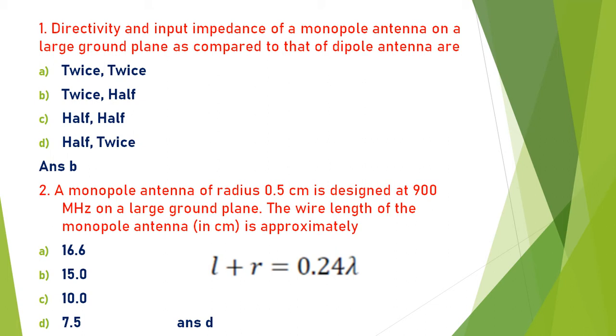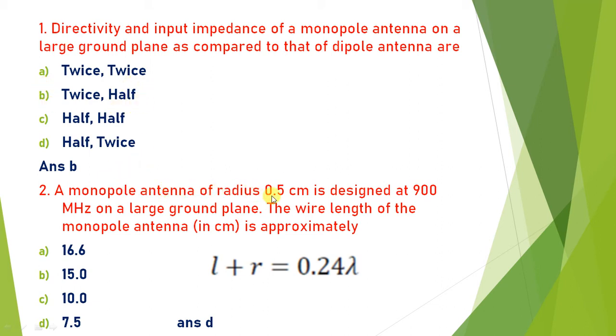Generally, a dipole antenna has 68 ohm input impedance, so the monopole antenna has just half of that, approximately 34 ohm. So the directivity is twice and the input impedance is half, so the answer is B.